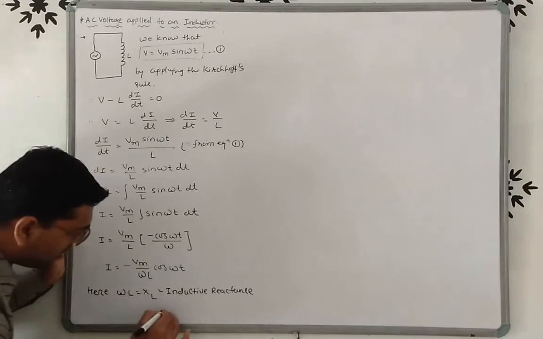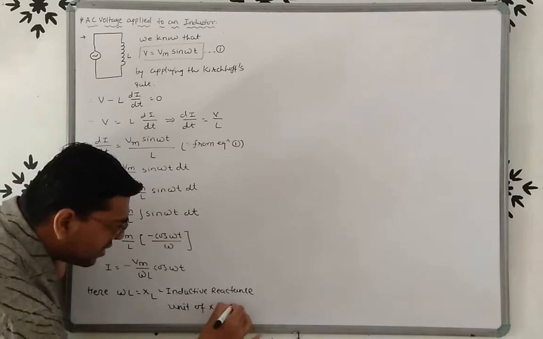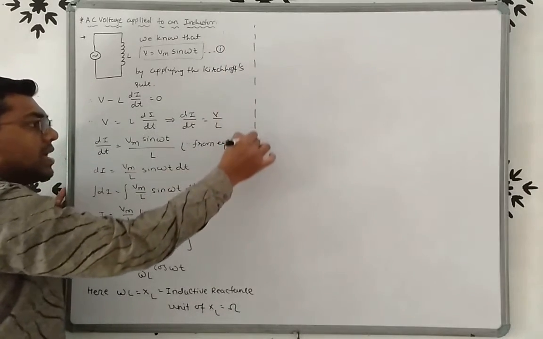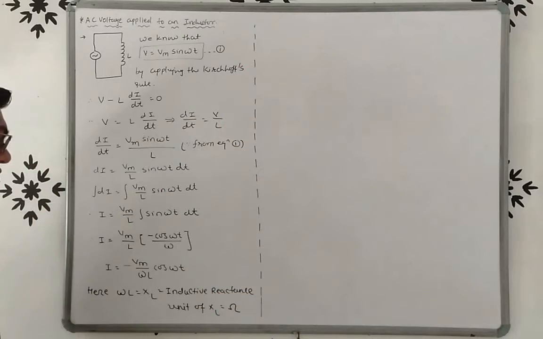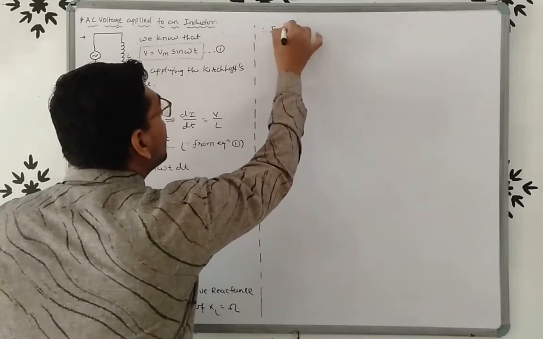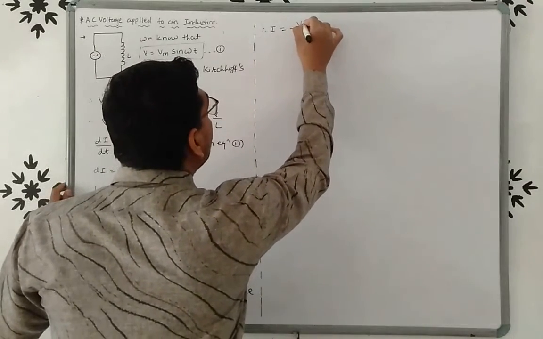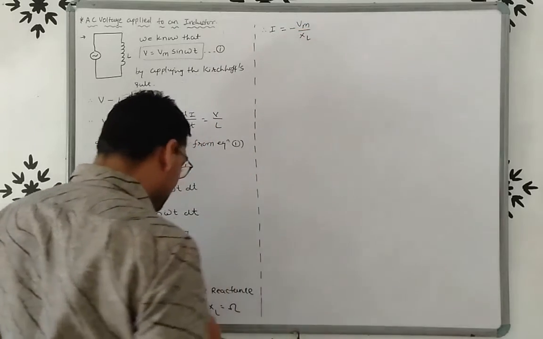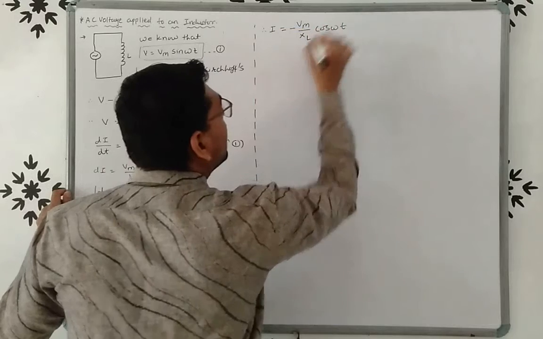Now the unit of XL is ohm, right? So here XL, known as inductive reactance, is equal to omega L. So I is equal to minus Vm upon XL, the inductive reactance, cos omega t.